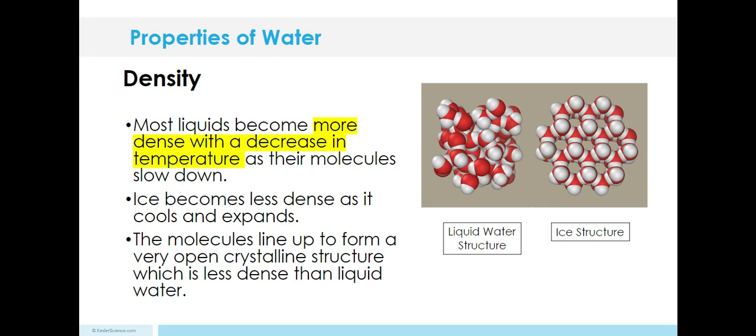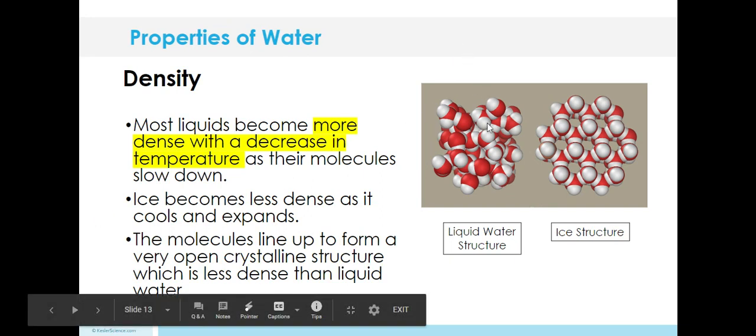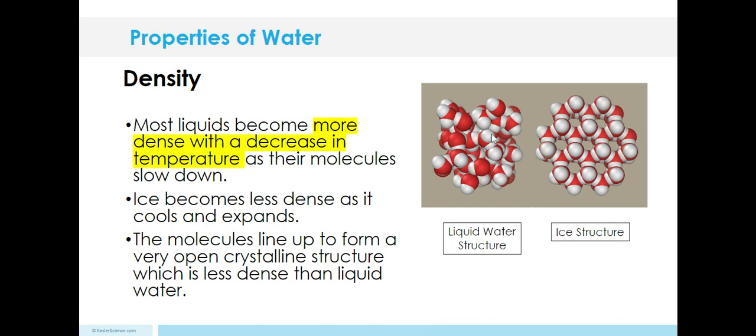So if we're looking at this picture here, this is what water molecules look like in liquid form. So if you're staring at your water bottle or a glass of water or water in a pot without any heat on it, this is what the molecules look like. But as we start to remove heat, we start to cool that water off and freeze it, they align themselves in this crystalline structure.